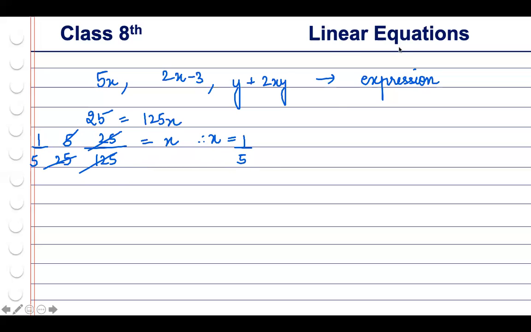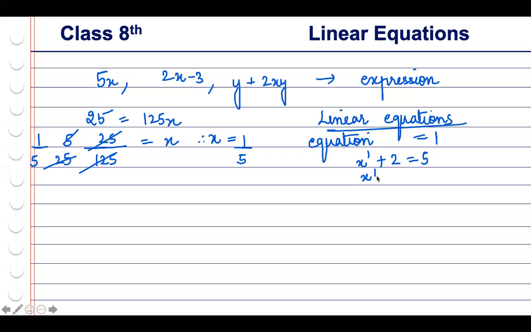And you had also studied that when it comes to linear equations, the degree, or the highest exponent in the equation, should be equal to 1. It should be like x raised to power 1 plus 2 is equal to 5, or x raised to power 1 plus 3 is equal to 9.